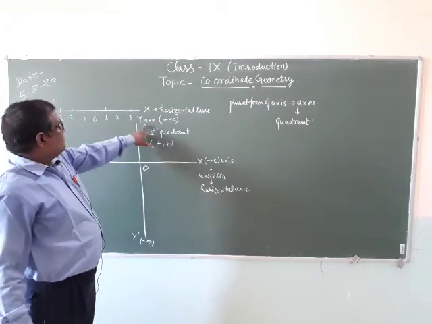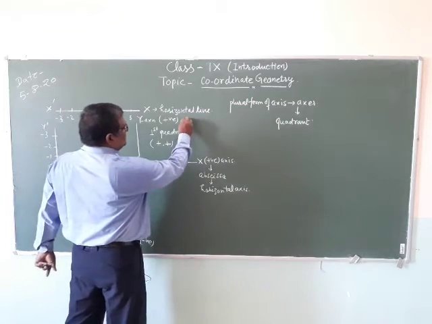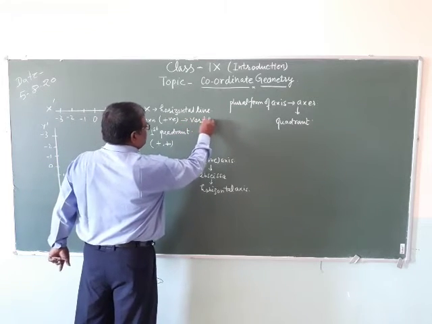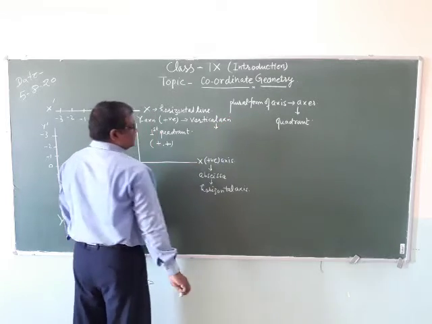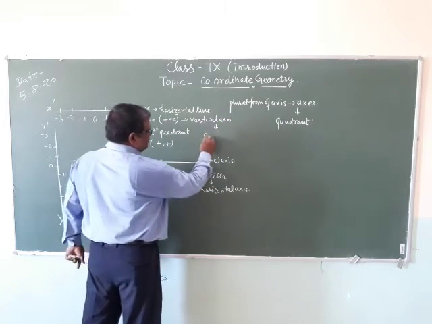Now the y axis is the vertical axis, and it is also known as the ordinate.